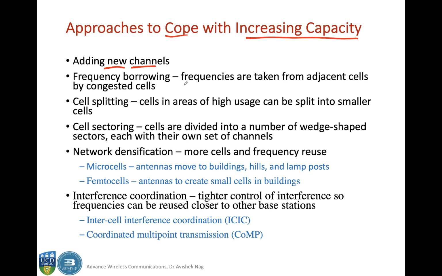Basically, you can borrow frequencies, so you can use the frequencies from the adjacent cells, if your adjacent cells are not using their stipulated set of frequencies. Let's say you have a reuse factor of n, so you can use f1 to fn, and these f1 are basically the center frequencies.